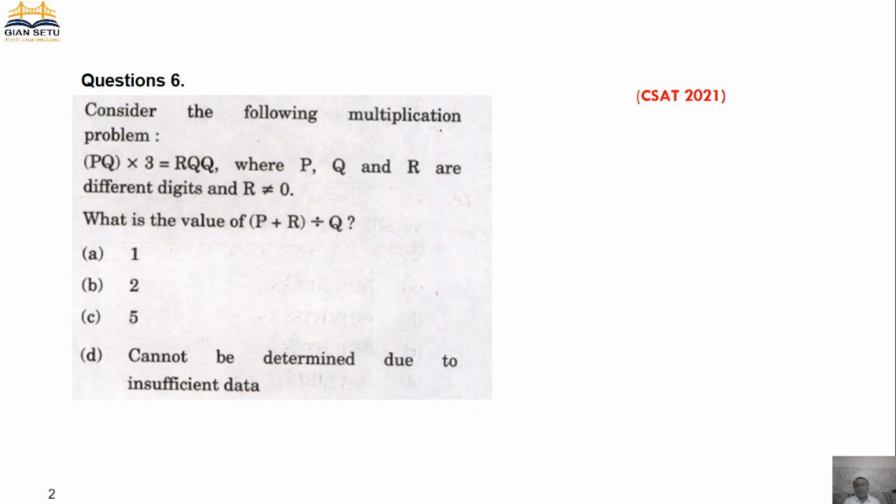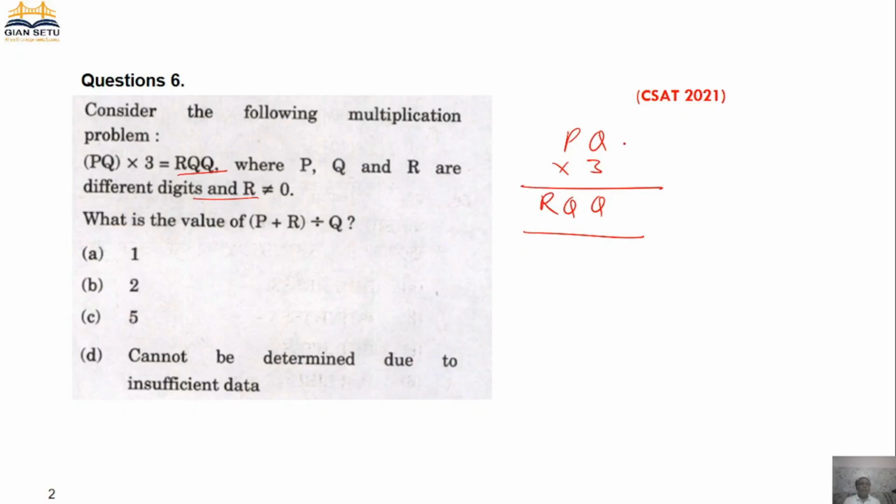Consider the following multiplication problem. PQ into 3 is equal to RQQ, where P, Q and R are different digits and are not equal to 0. Further, we need to find the value of P plus R divided by Q. Now, if we write down this multiplication in the standard form, we can write it like PQ multiplied by 3 gives RQQ.